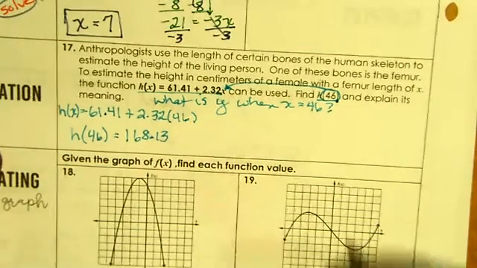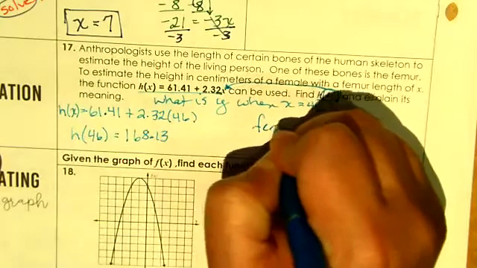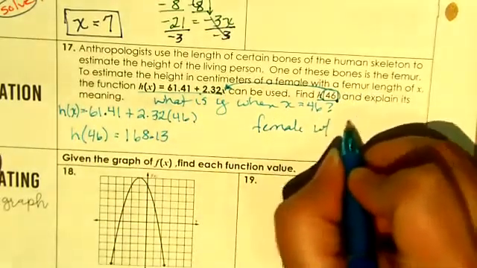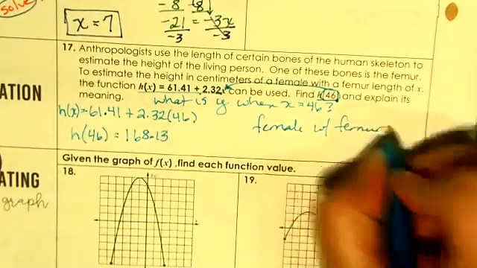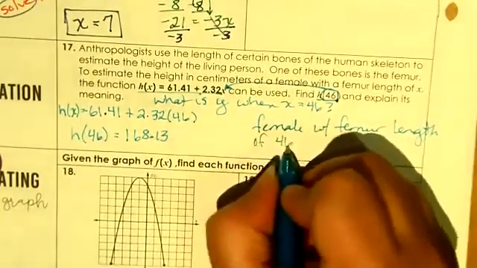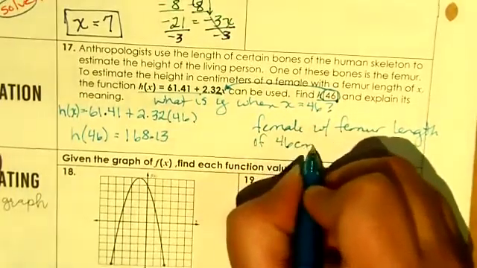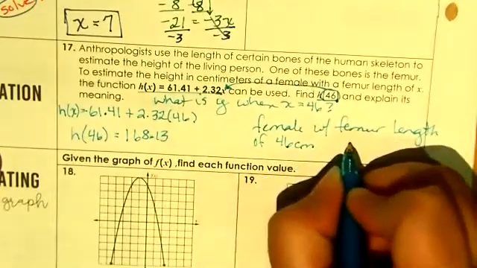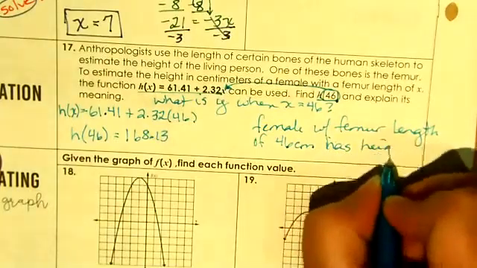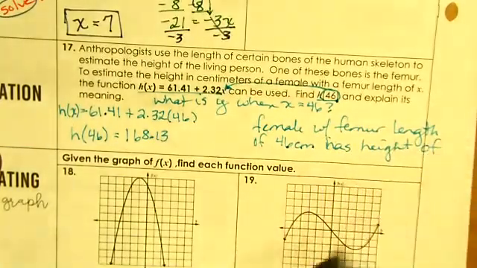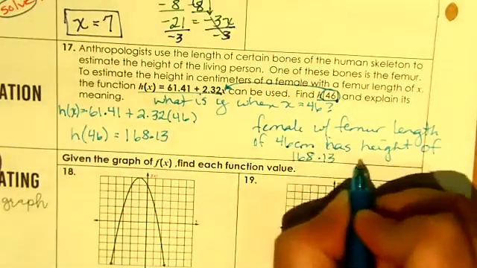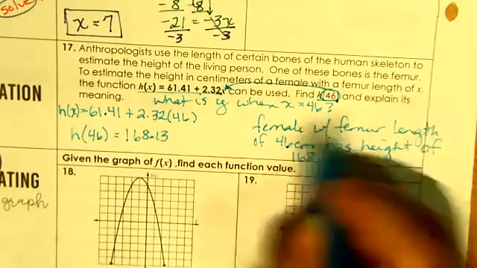Okay. That means a female with a femur length of 46 centimeters has a height of 168.13 centimeters.